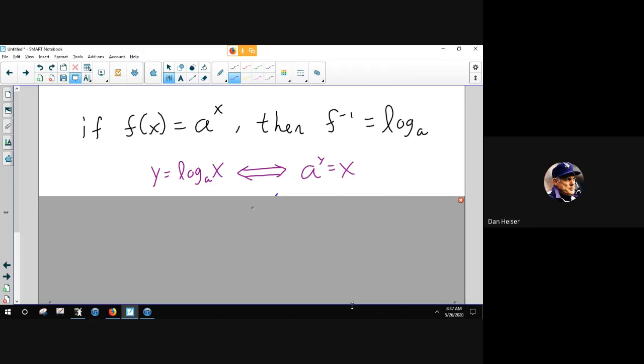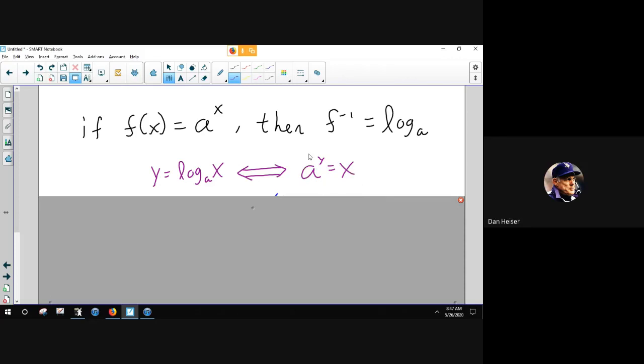Here's how we convert from one to the other. Log base a of x equals y, a to the y equals x. This double arrow means we can go either way. One of them leads to the other.